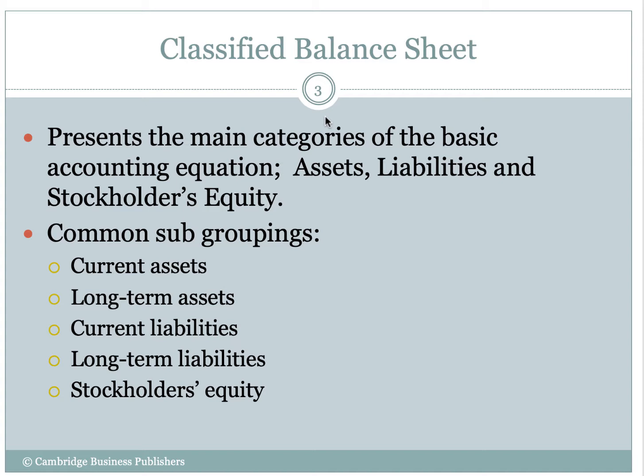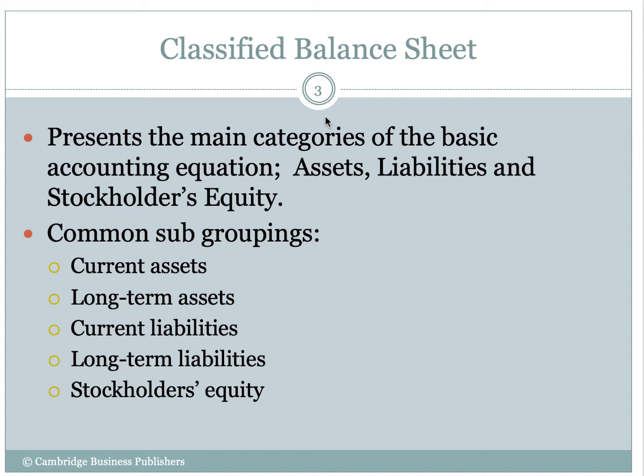But with the classified balance sheet, we break down our assets and our liabilities into subcategories. For the assets, we're going to separate them into current assets and long-term assets. Same thing with liabilities. We're going to break them down into current liabilities and long-term liabilities. And stockholders' equity is still stockholders' equity. We're not breaking that down at all.